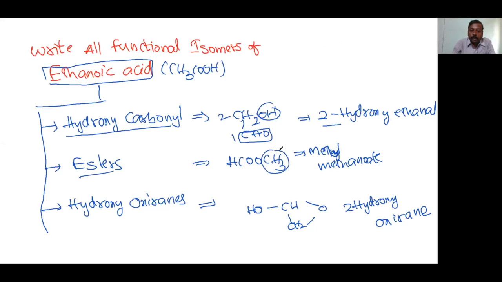This is written first in ester naming, methyl, and it is methanoate. Understood? And oxirane means this functional group is called oxirane. Numbering will be from the oxygen, so 1, 2, so 2-hydroxyoxirane. These are the functional isomers.